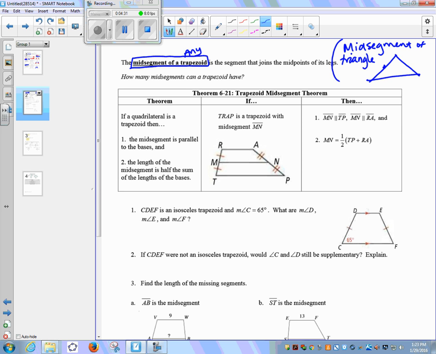If we had midpoints of all the sides, and then we connected them, that was called the midsegment. Sometimes we drew all the midsegments in. Or you can just think about the one midsegment at a time.